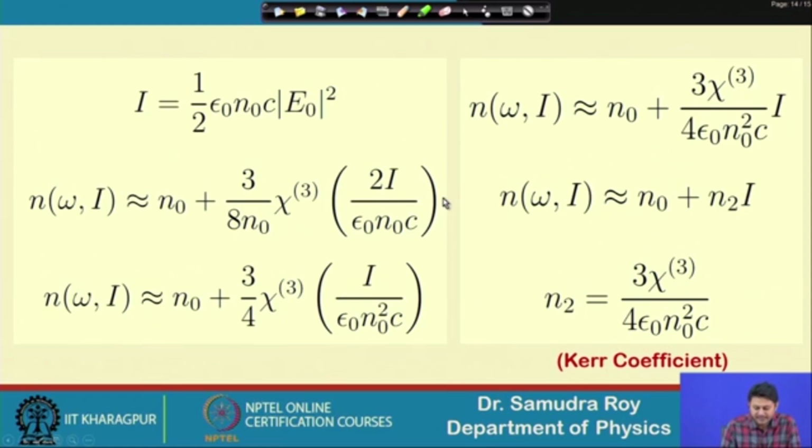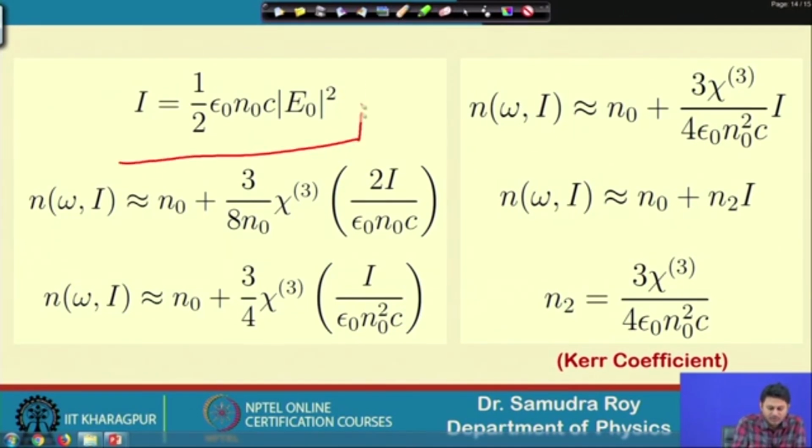Now, the total refractive index can be represented in a more convincing form, which is normally given in the literature. We try to do that because, as I mentioned, mod of E 0 square is there, and we can readily change this mod of E 0 square to intensity. We just need to use this relation which we use almost every class: the intensity is related to the mod of field square as half epsilon 0 n 0 c mod of field amplitude square.